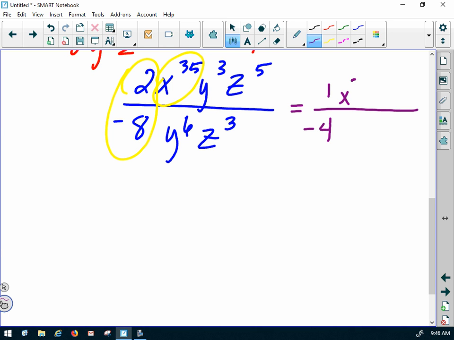Then 3 y's left in the bottom, y to the 3rd left in the bottom, and then z to the 2nd in the top. Do I need to have that 1? No. 1 times anything is that thing, so I don't need that 1.